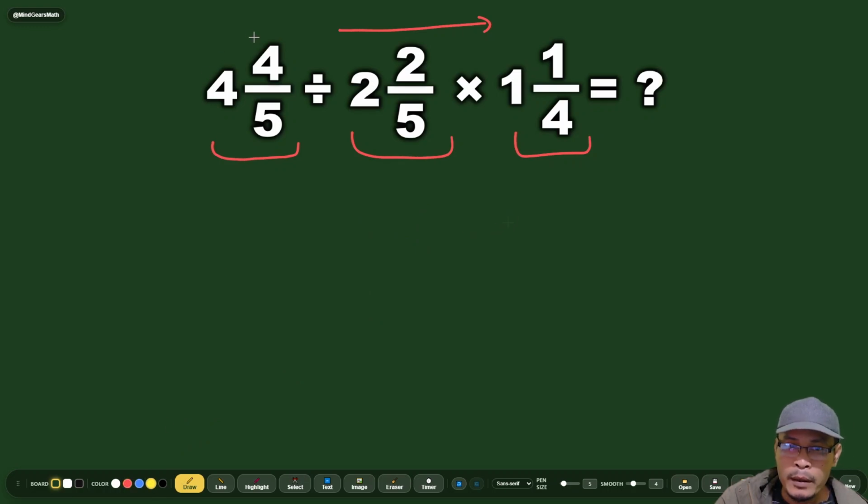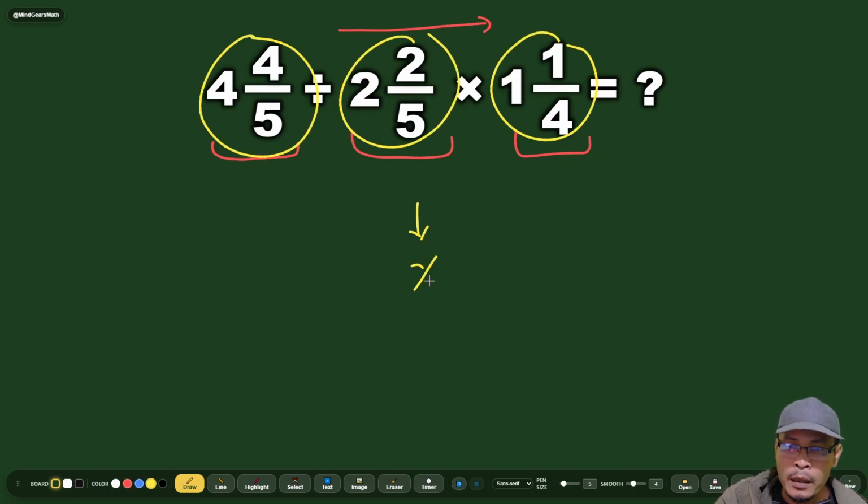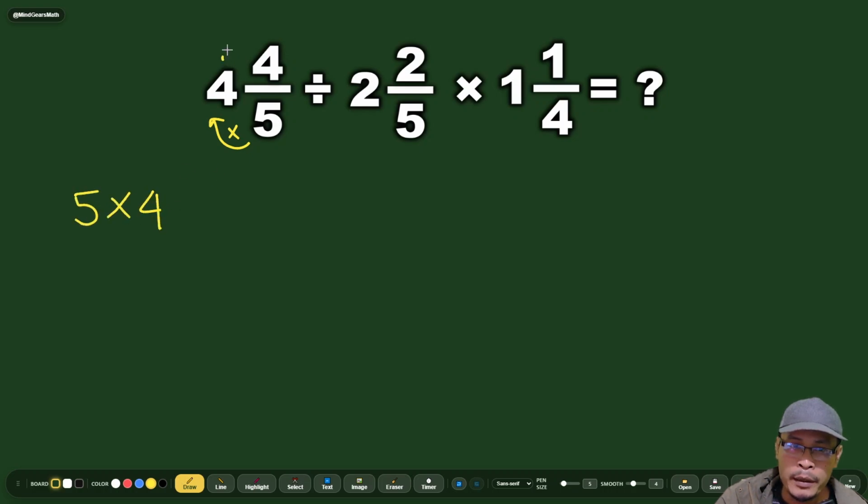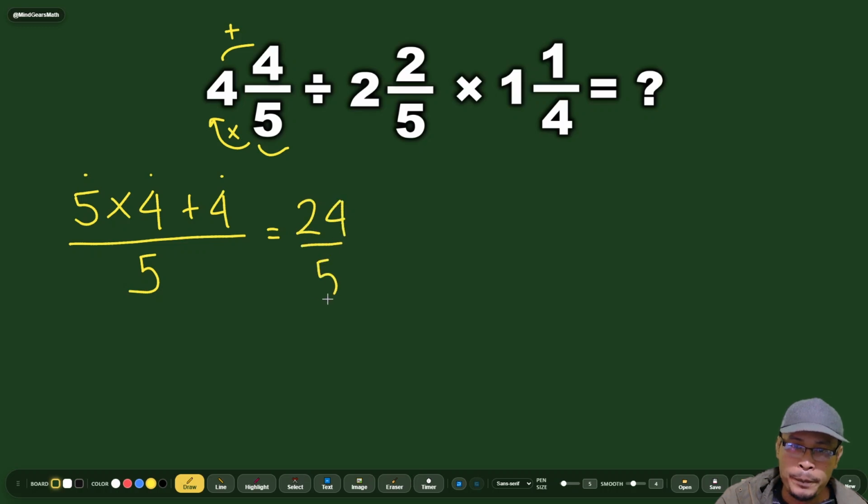The clean method is to convert everything to improper fractions first, and let's do it step by step. Take 4 and 4/5. Multiply the whole number 4 by the denominator 5, that's 20, then add the numerator 4, 24. So it becomes 24/5.